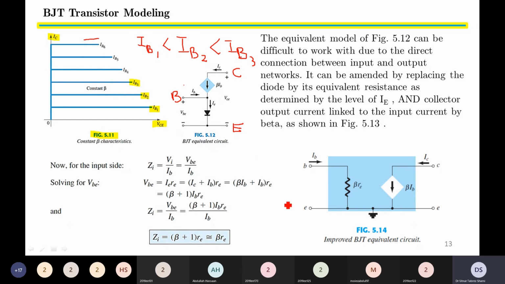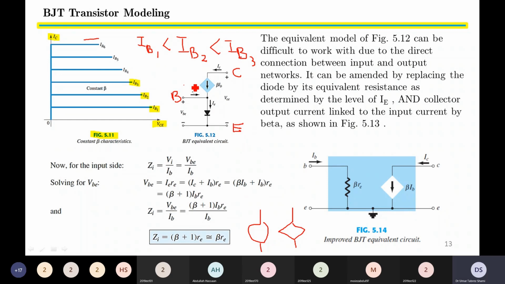Remember that in electrical engineering, we have two sources. One is the independent source, which is represented by a circle. And then we have a dependent source, which is represented by a diamond-shaped symbol.